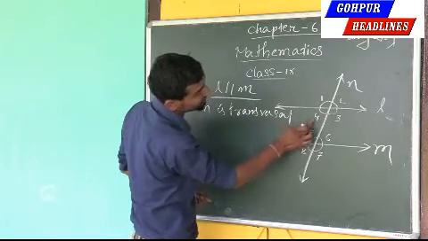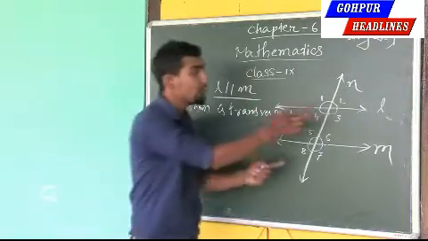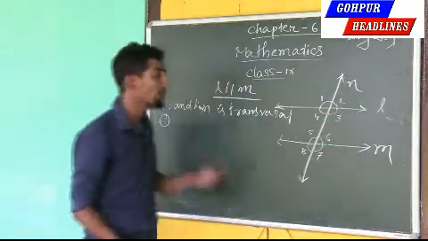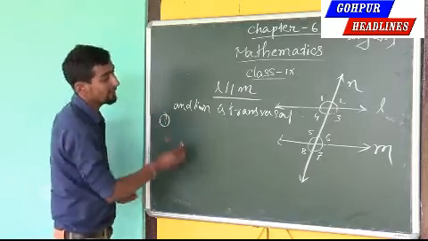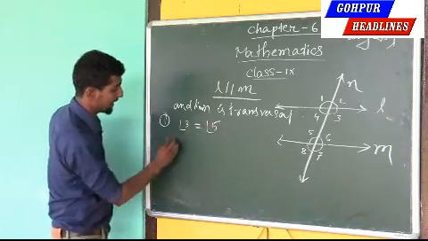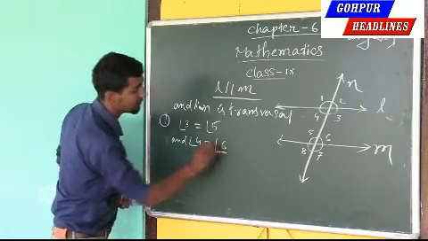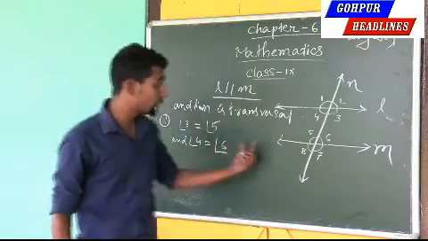Angle 3 is equal to angle 5, and angle 4 is equal to angle 6.